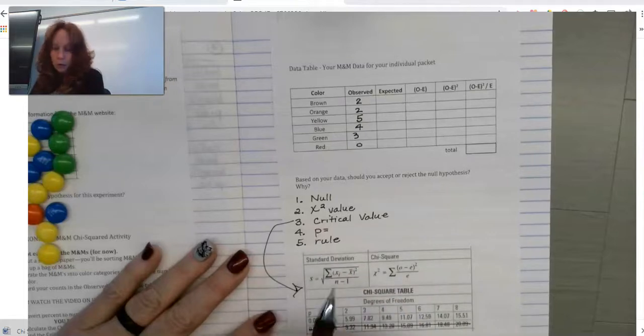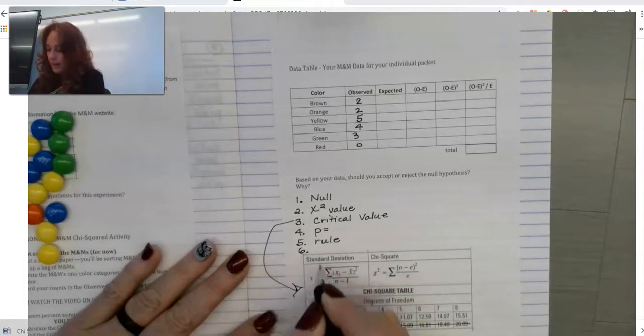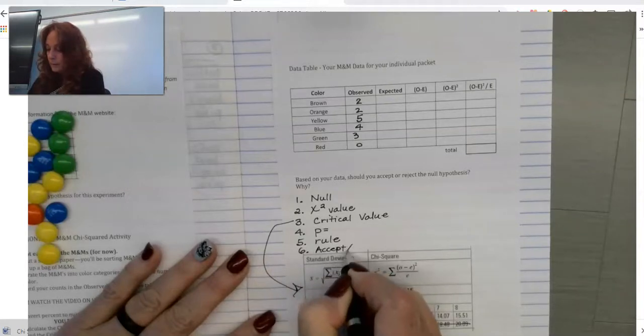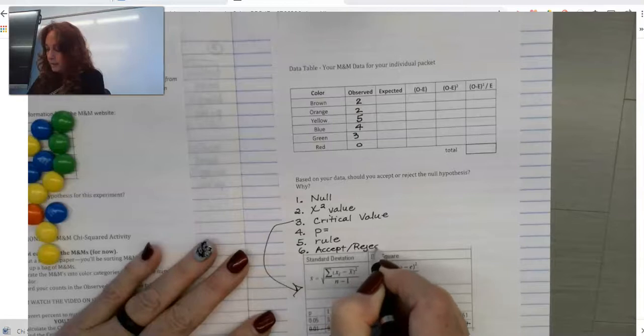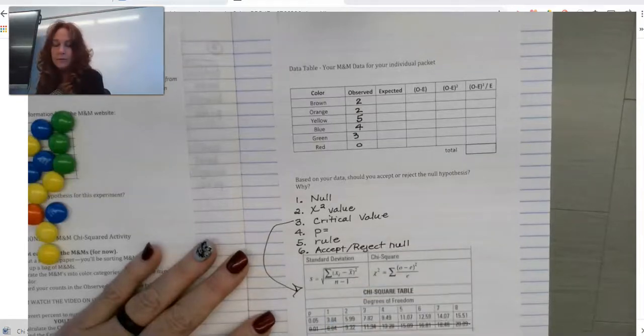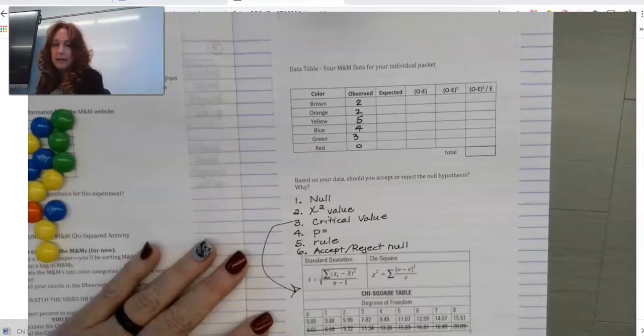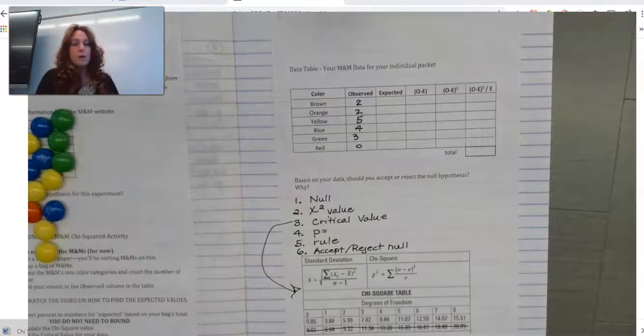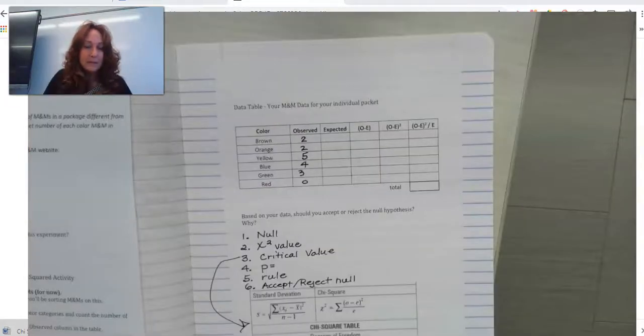And then you write whether you accept or reject the null. Okay? All of those things should be on every single one of those problems that we've done. Okay? You're awesome. Write something.